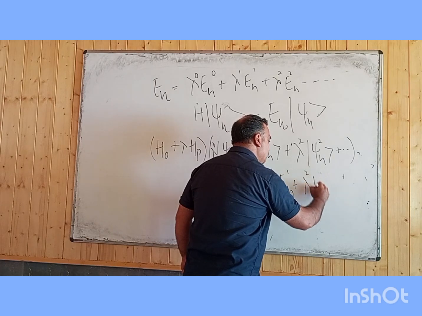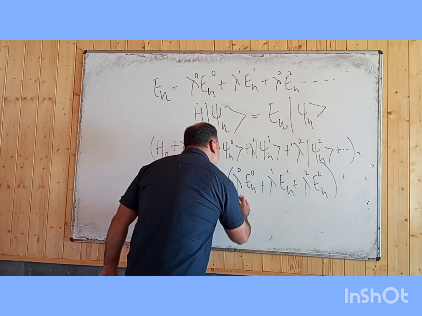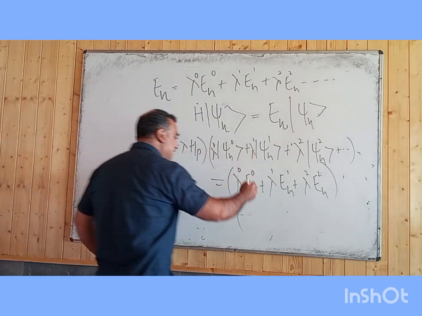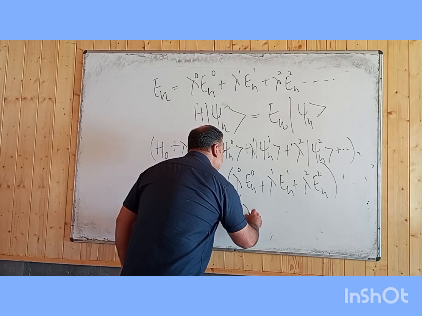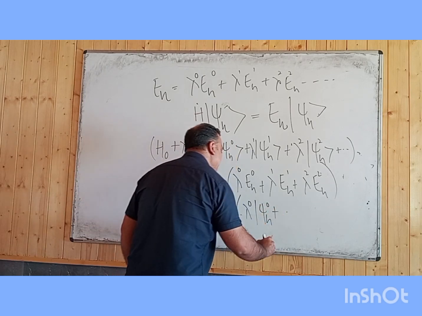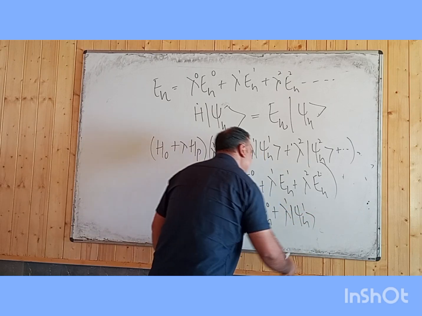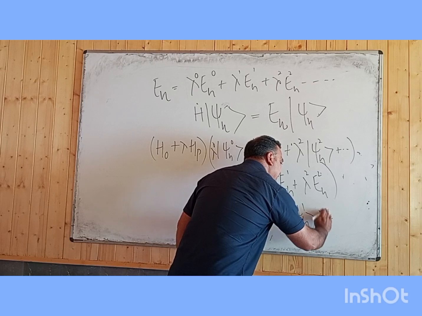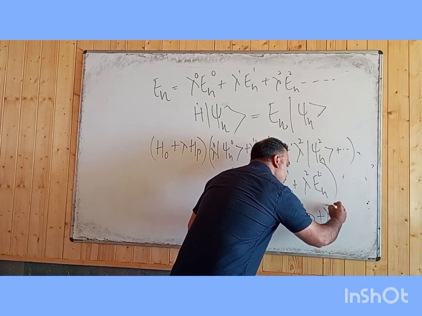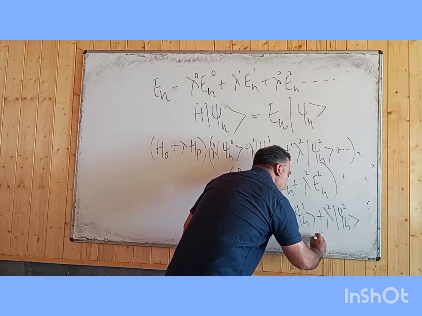I will close it, and I have to multiply it with the same eigenvector, which is a combination of all these vectors. So this is lambda raised power 0 psi n 0 plus lambda raised power 1 psi n 1 plus lambda raised power 2 psi n 2 plus so on and so forth.